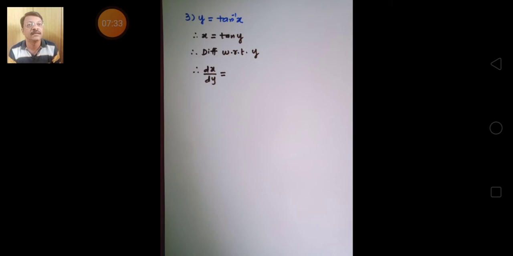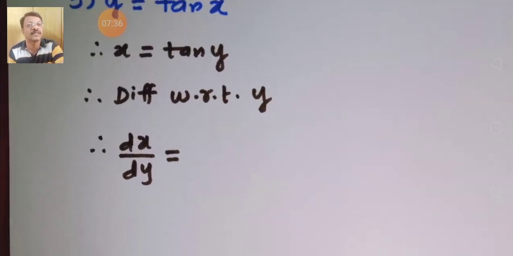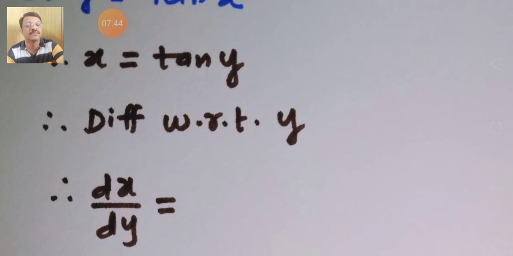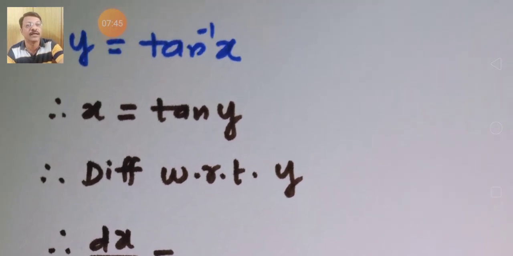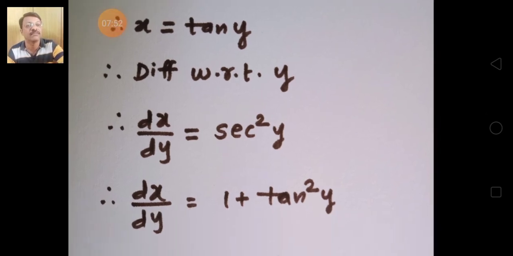Now let us see d by dx of tan inverse x. So take y is equal to tan inverse x. You as usual write x is equal to tan y. Then dx by dy means differentiating with respect to y, which gives d by dy of tan y, which is sec square y.